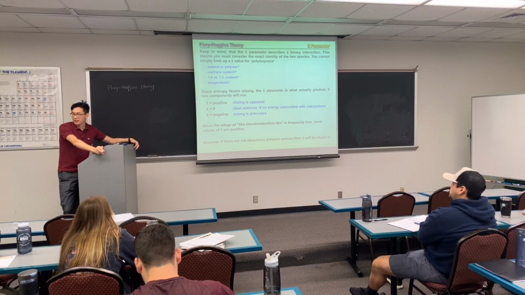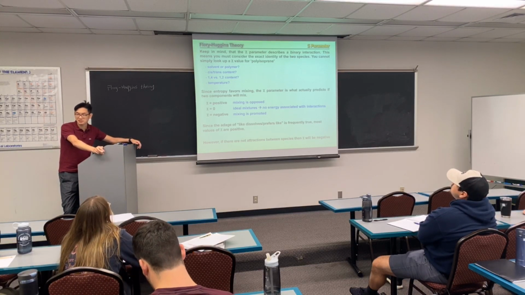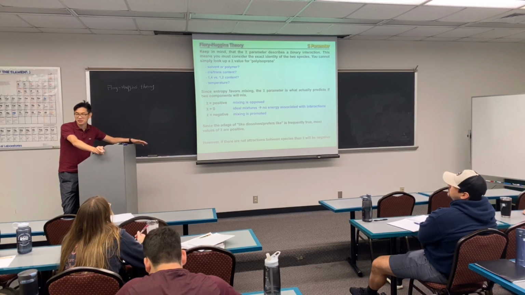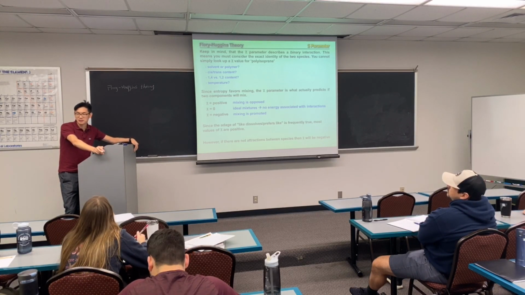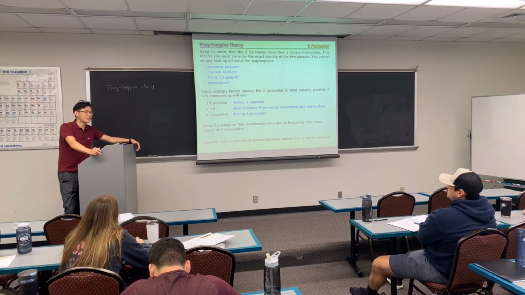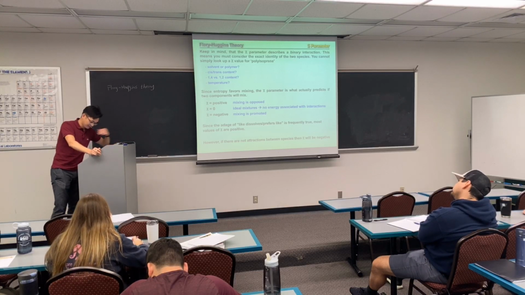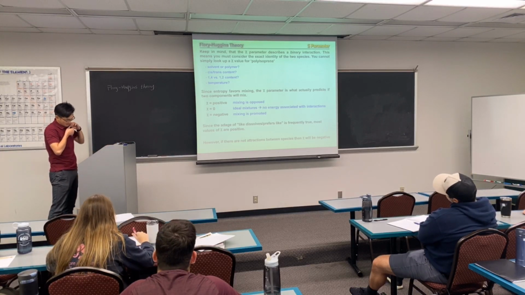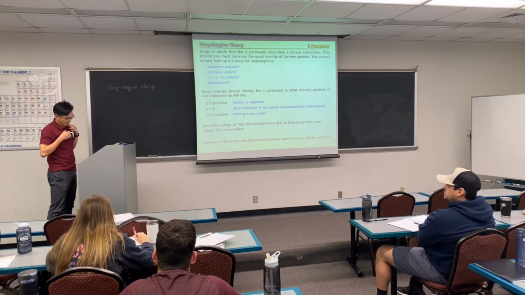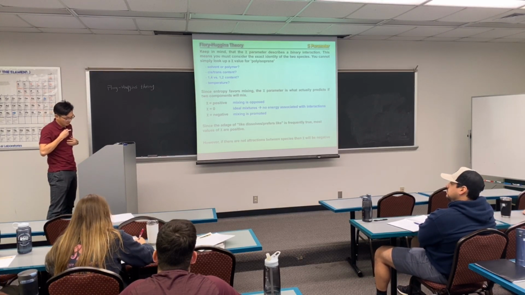We did an example in the classroom last time. We showed the relative magnitude of the entropy contribution with respect to chi, okay? There is an adage saying, like dissolves and prefers like.